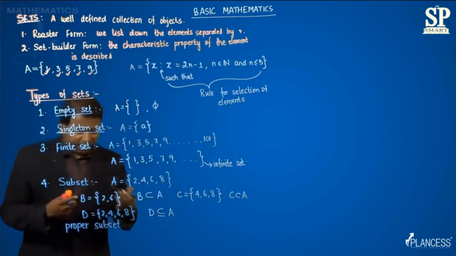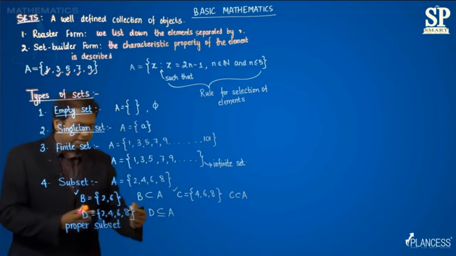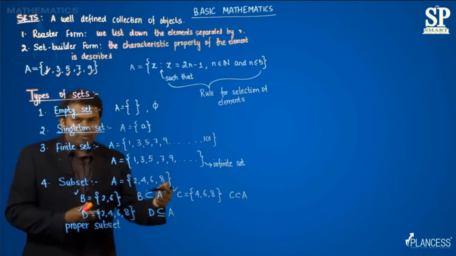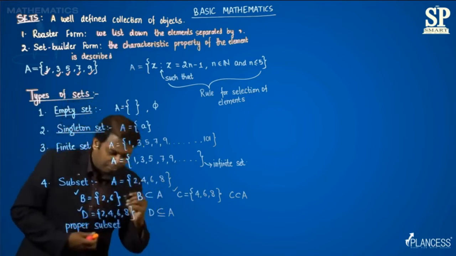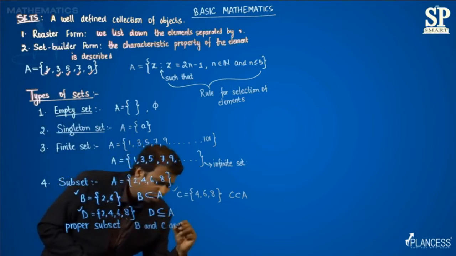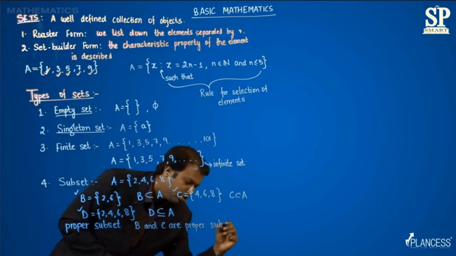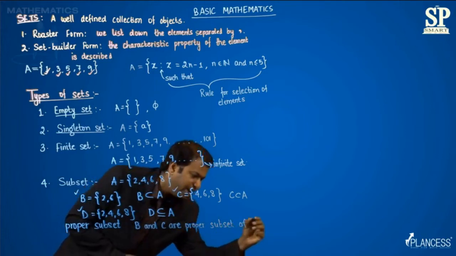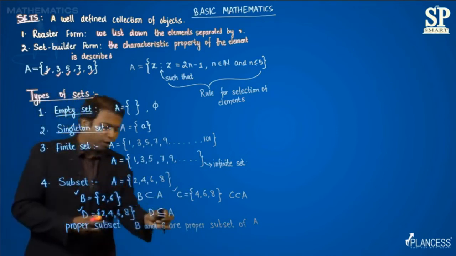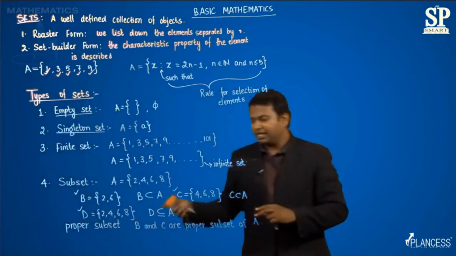That is to say, in this case that we have taken set B, set C and set D, since D is exactly same as set A, D is not a proper subset of A, but B and C are proper subsets of set A, and hence we do not put an equal to sign there. We put an equal to sign only if all the elements of both these sets are exactly same to each other.